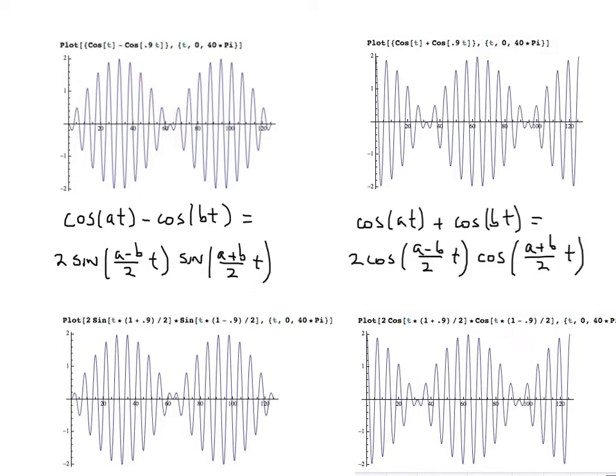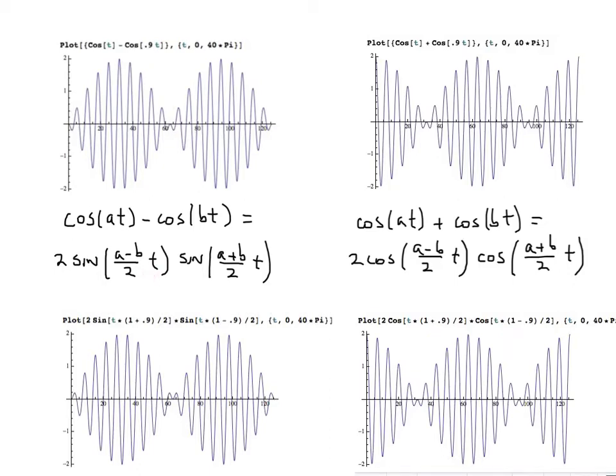and I can represent that with this trigonometric identity, that the difference of two cosine functions can be written as 2 times the sine of the difference between them, a minus b t divided by 2.